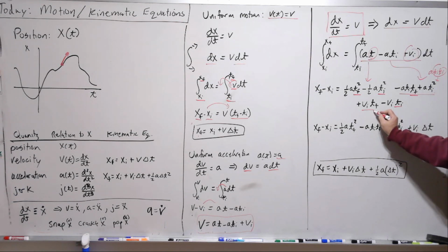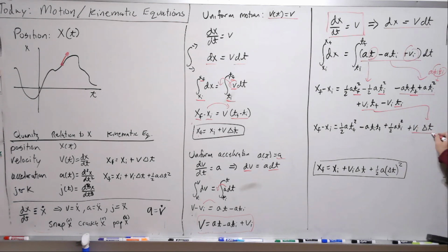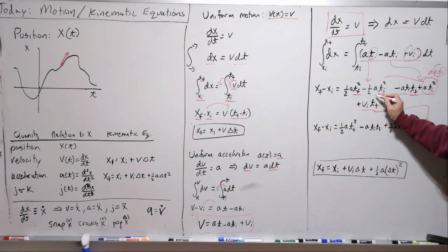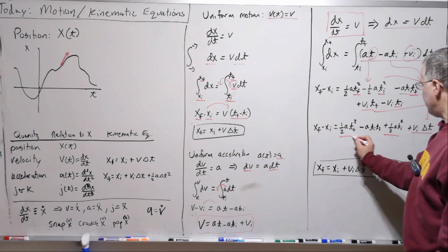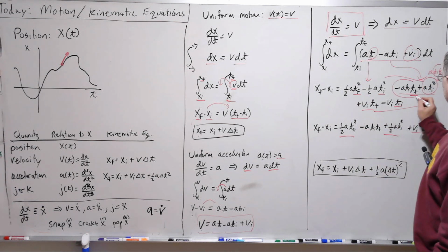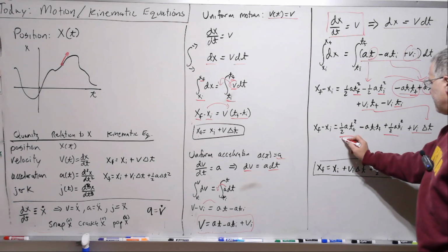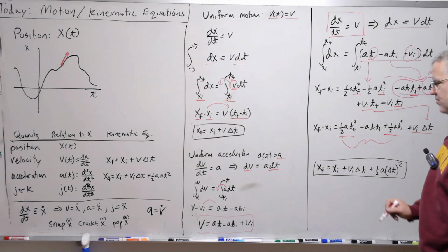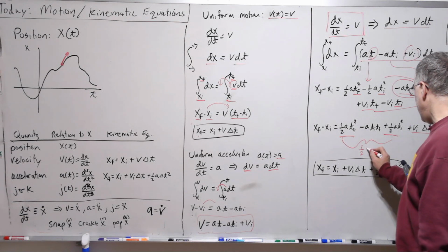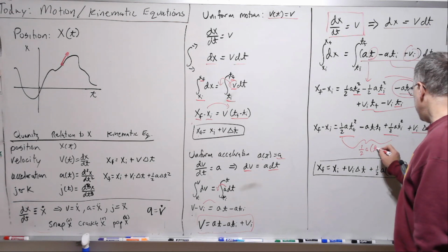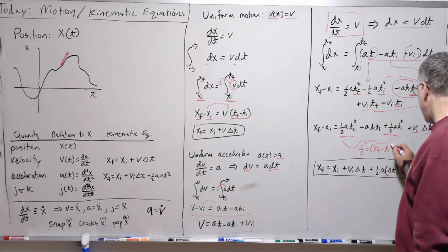Simplifying this a little bit, this is just v initial delta t. Now notice this here. This is plus t_i squared. This is minus a half. So we're going to end up with a plus half here. This is a plus half here. And then we have this term that's here. And if we notice this and do some algebra here, this is just 1/2 a times t final minus t initial squared.